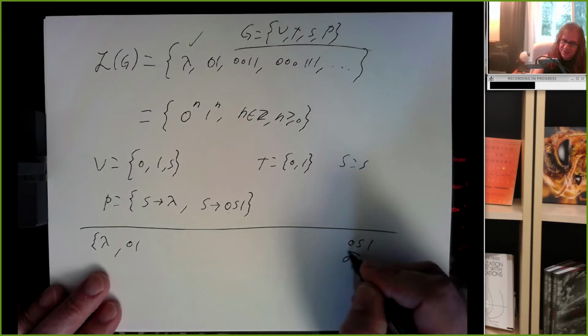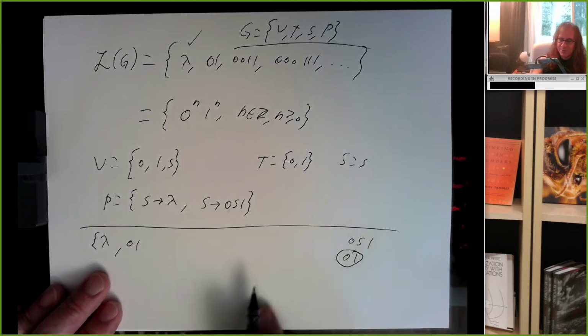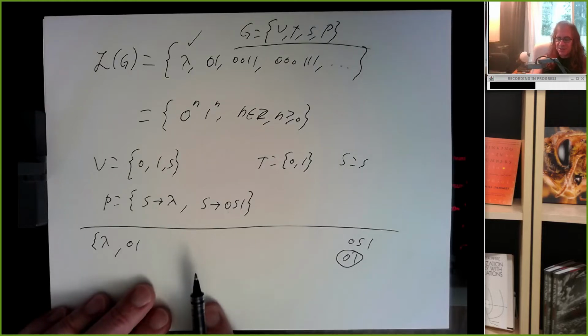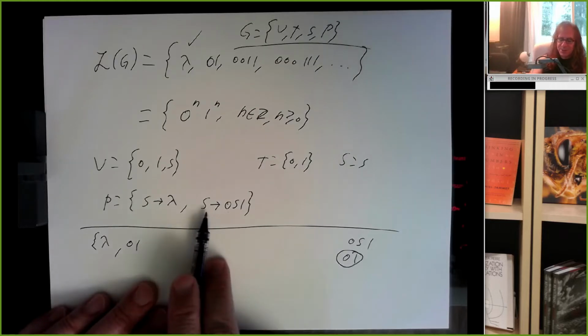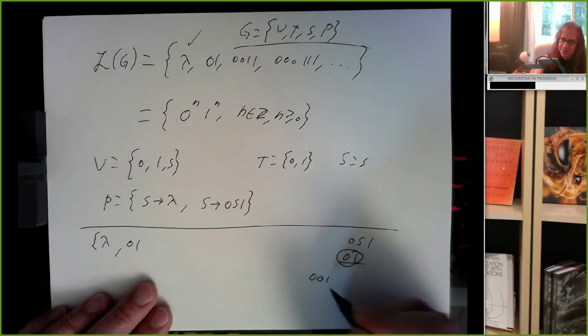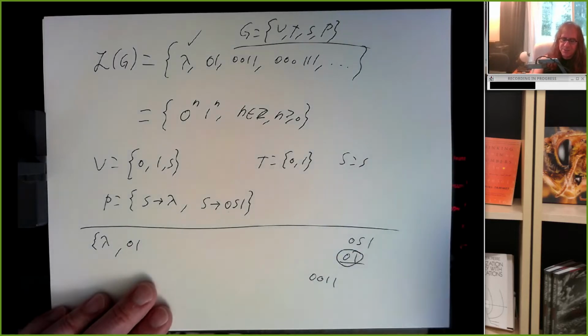And so if this is an acceptable thing that S can be changed into, right? Well, we can also change S into a 0 followed by this, followed by a 1.